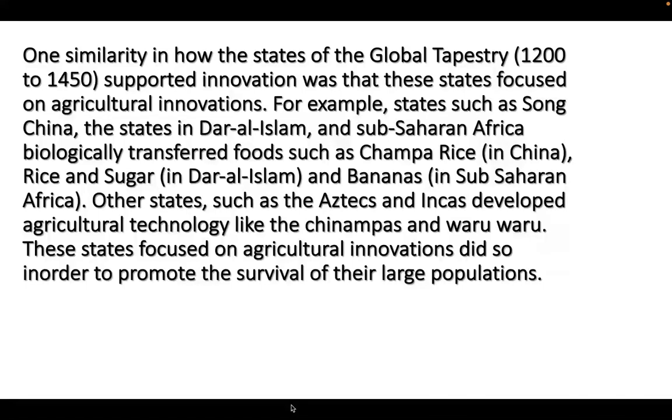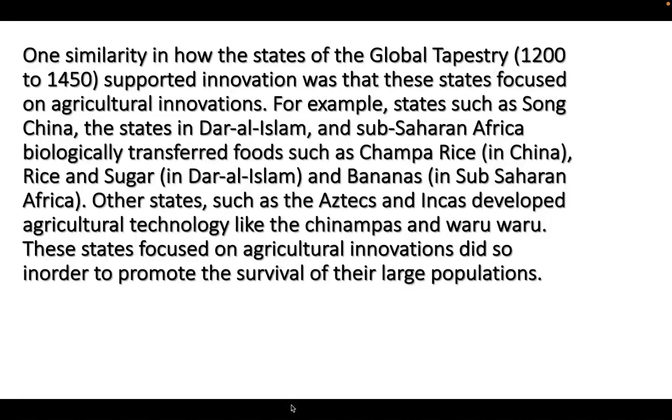So again, the key thing here is to understand what evidence do I need to provide to prove my A statement correct. Here, I really can't use the rule of three because I can't say that all states biologically transferred food.